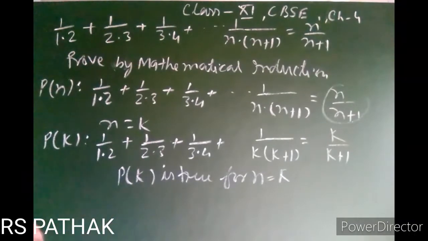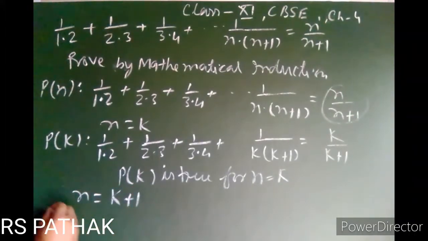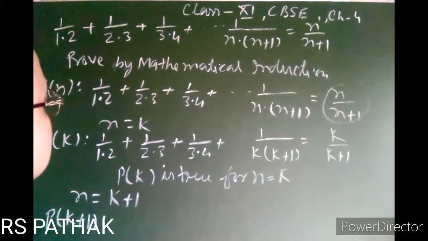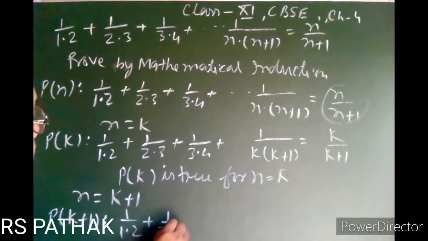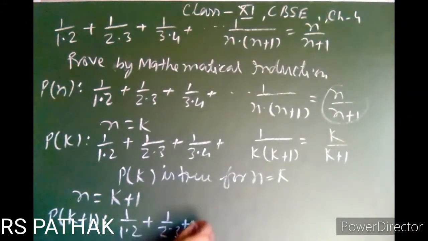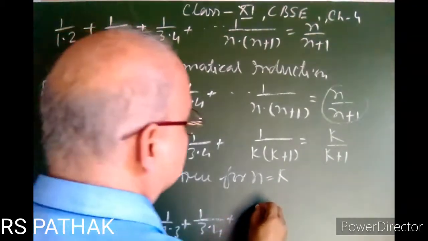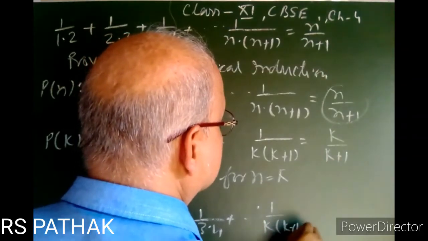The next will be n equal to k plus 1. Then P(k plus 1) such that will be 1 upon 1 into 2 plus 1 upon 2 into 3 plus 1 upon 3 into 4 plus dash plus 1 upon k into k plus 1.